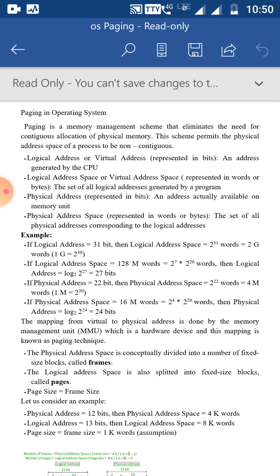Okay, so 20 minus 1 is 19. So 19 into 10 is 190. So this is the start of the 20th frame. This value is going to be added with the page offset, that is 7. So 197 is the address of the instruction to be executed.